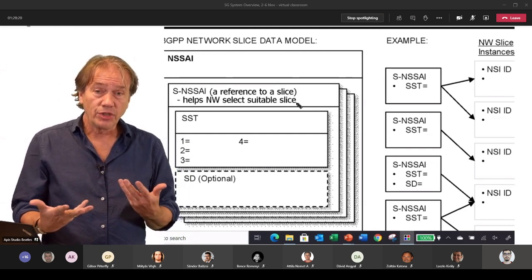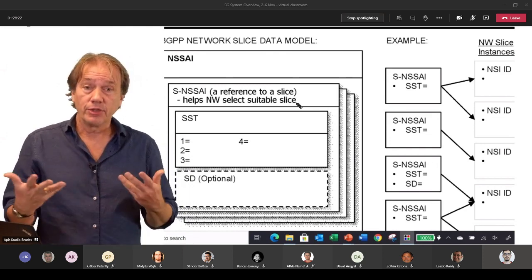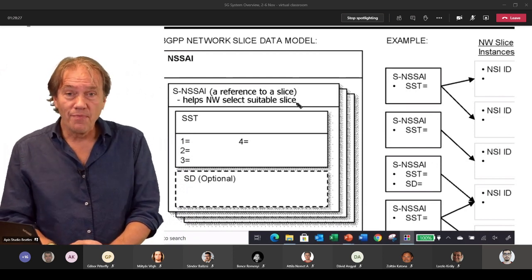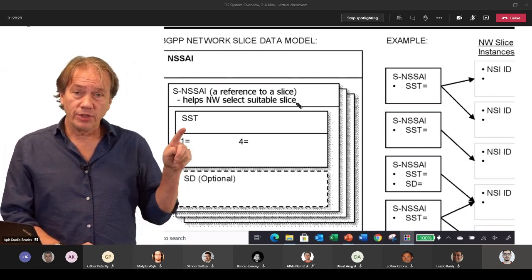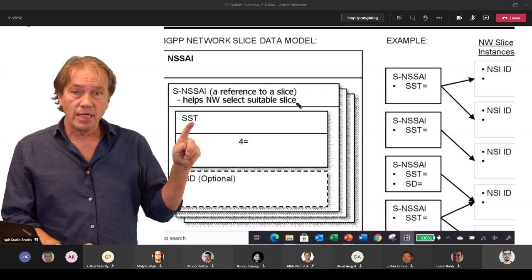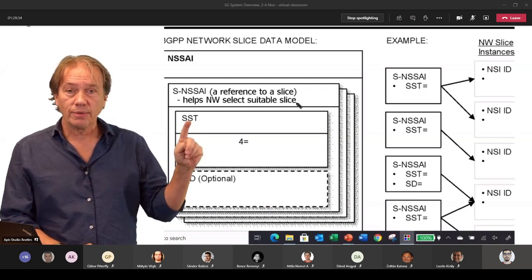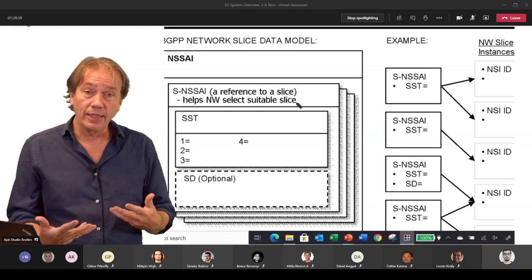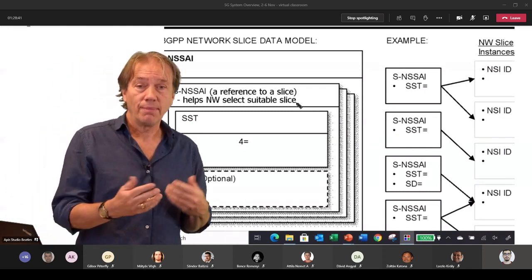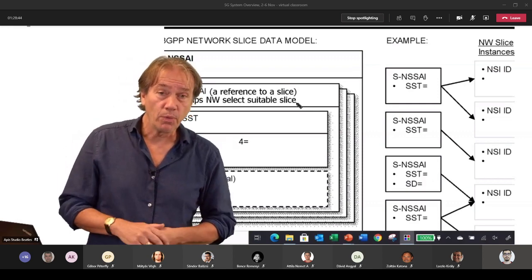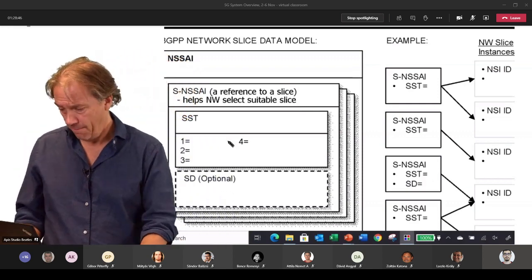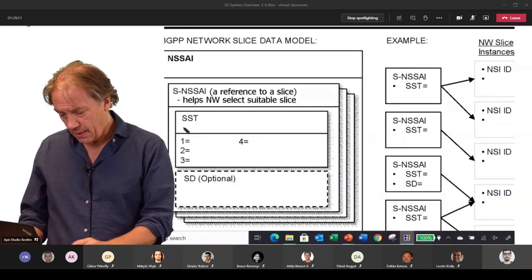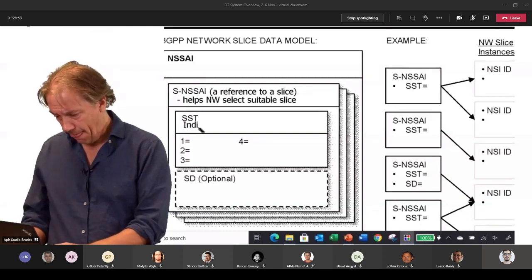So S-NSSAI consists of, well, it's a parameter. It's a number or numbers. First, there is an SST value, slice service type value, which indicates the type of desired slice that the user equipment wants to belong to.